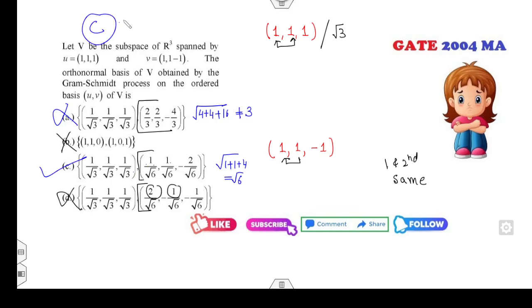C is the right answer. Is it okay? This is the first method.